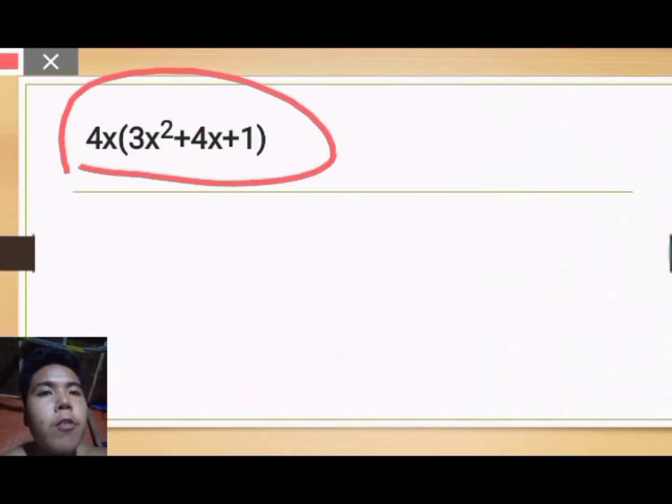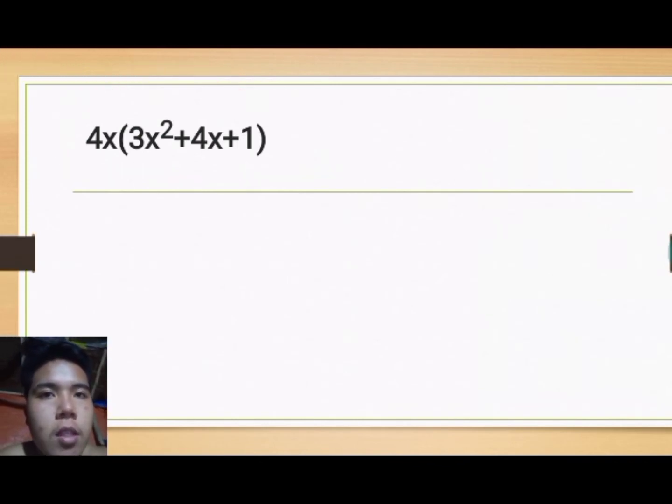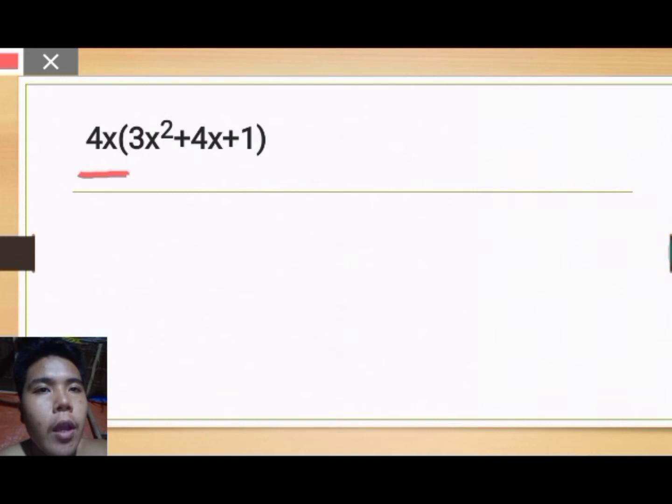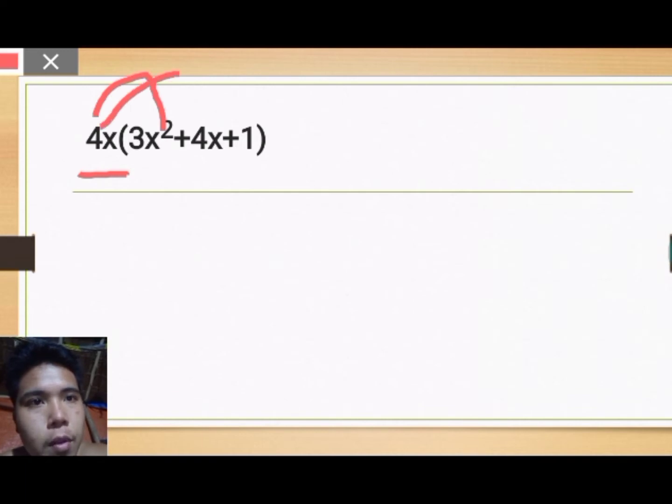In this example, 4x times (3x squared plus 4x plus 1), you only need to distribute. You distribute this 4x to 3x squared, to 4x, and to 1.